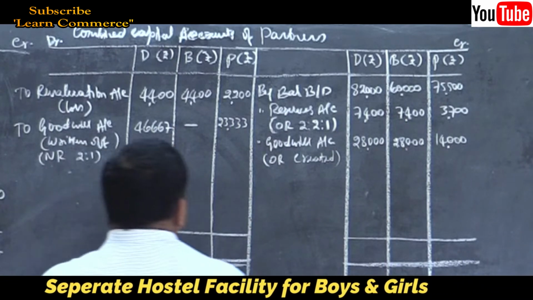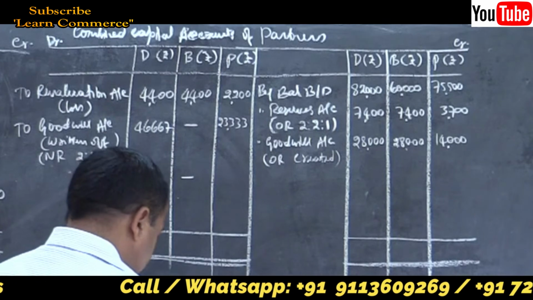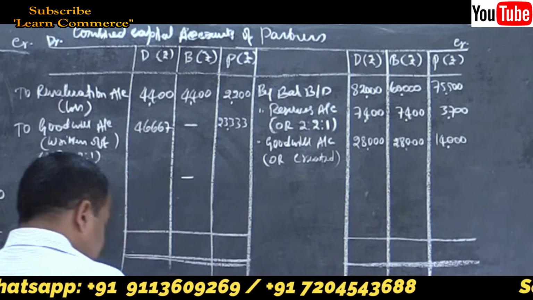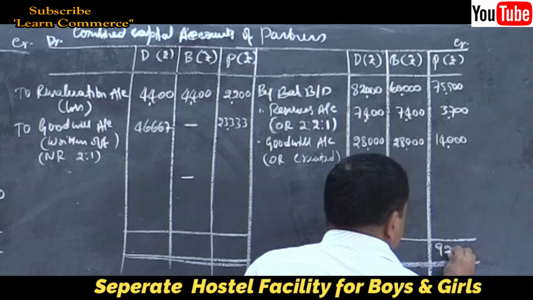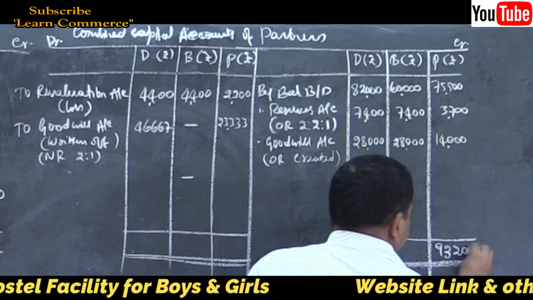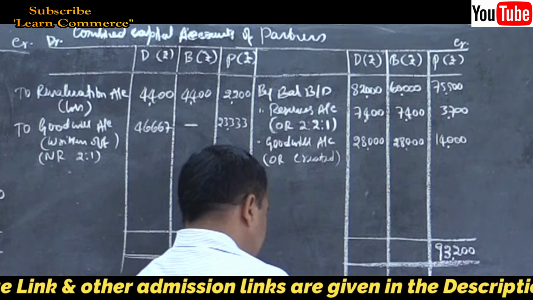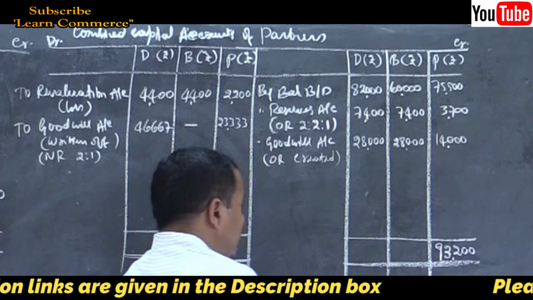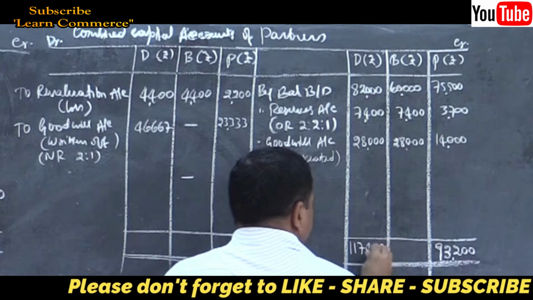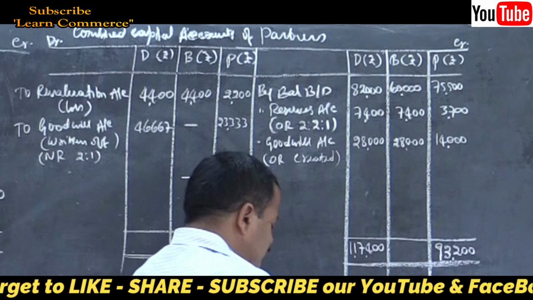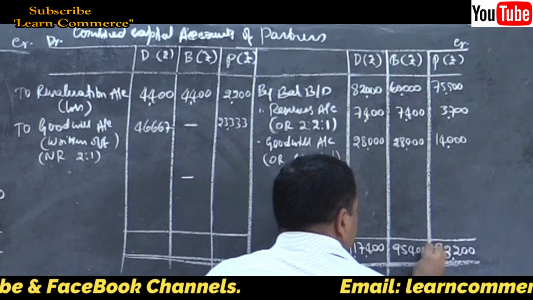So you just balance the capital accounts of the two continuing partners. 93,200 on the credit side, 93,200 for the third partner, that is Parakram. Then 1,17,400, and the retiring partner's total is 95,400.